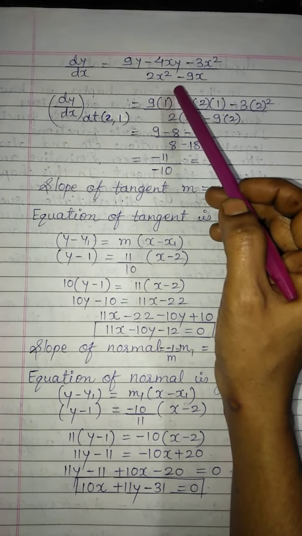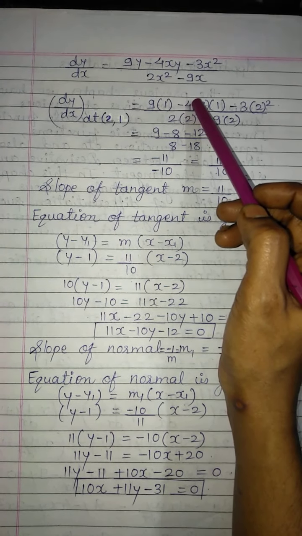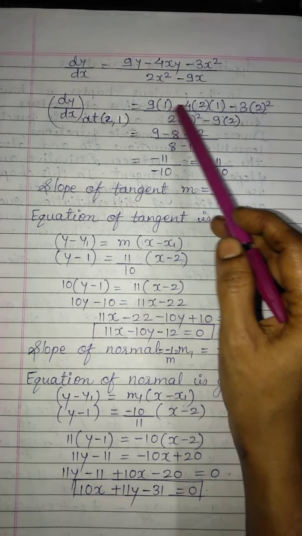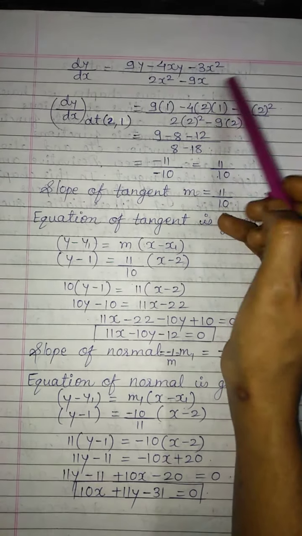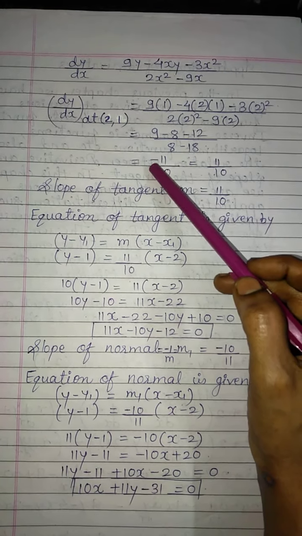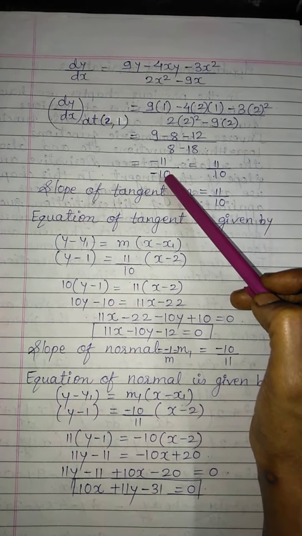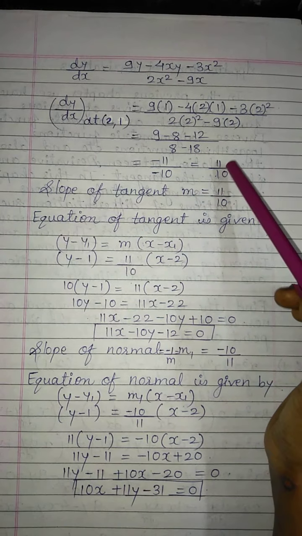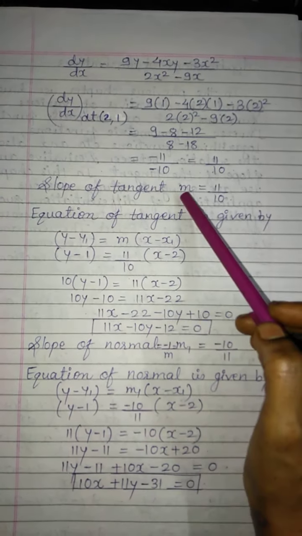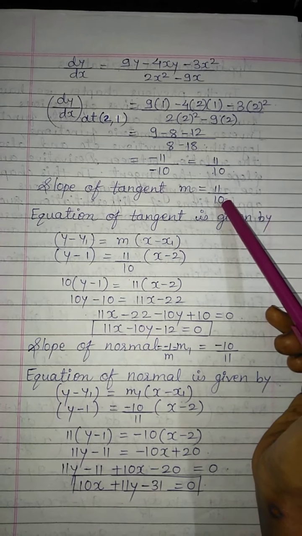So we will substitute the value of x as 2 and y as 1. So by substituting value in this equation and after simplification, we will get minus 11 upon minus 10, and that is equal to 11 upon 10. So slope of the tangent m is equal to 11 upon 10.